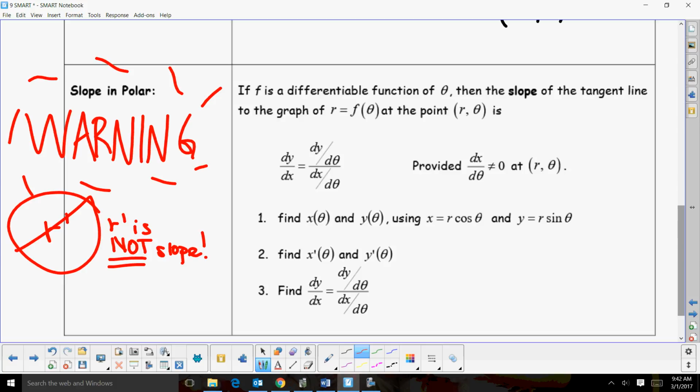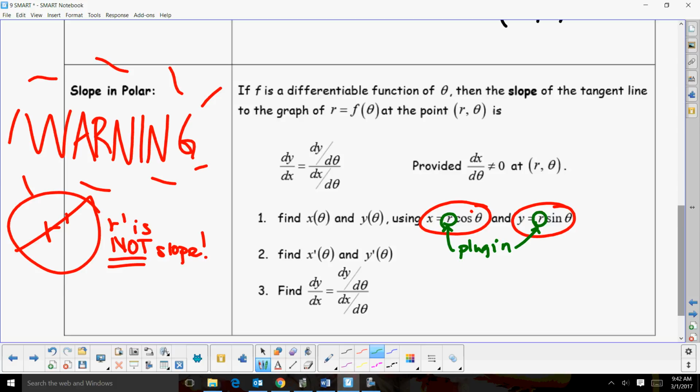And so many people want to do it. And it seems so easy. All I do is take r prime and plug in that whole point. I'm good. No. This takes so much more work. Basically, you're going to have to use these 2 equations. So you start with these equations, and you plug in your r. Then you have parametric equations.